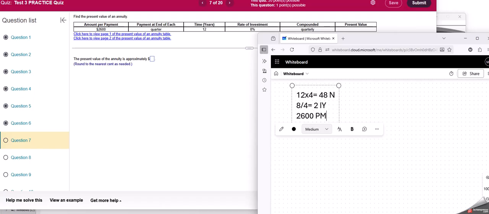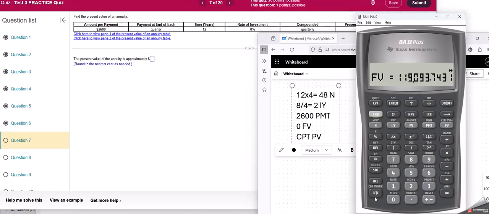2,600 is the payment, and because I'm computing the present value, I'll let the payment be positive. There's no future value, and then we'll compute the present value. So come into the calculator, 48 is our N, 2 is the IY, 2,600 is the payment, no future value, and then come back and compute the present value.